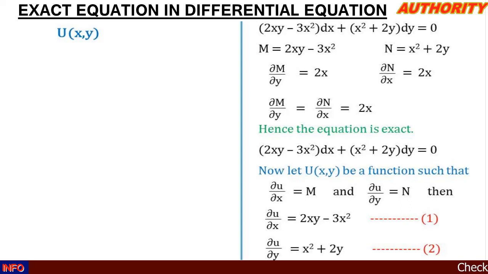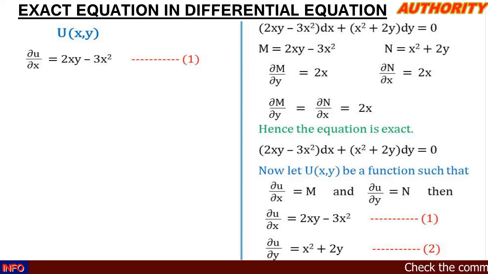Let's pick equation 1. Equation 1 says the partial derivative of u with respect to x is equal to 2xy minus 3x squared. This is equation 1, right? This is a function that was differentiated partially with respect to x, and we want to find the main function.